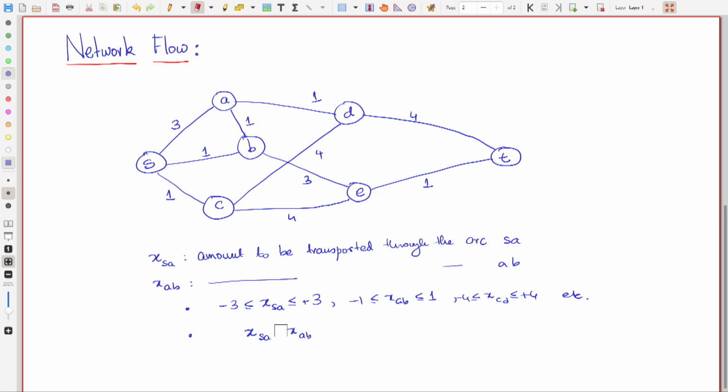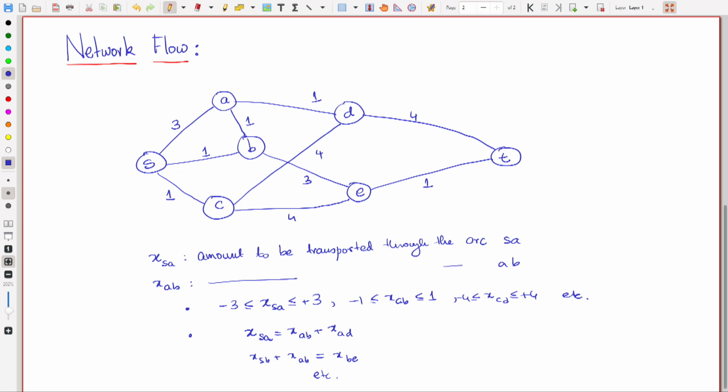So, I will write it as x S A is equal to x A B plus x A D. If I look at the node B, what should the equation be? X S B plus x A B, we will not keep B A, is equal to x B E. In that way we can write them down.